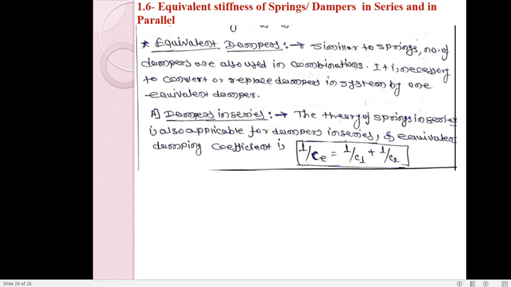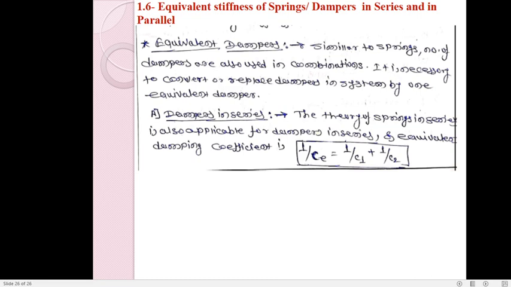My dear friends, we are not physically converting or changing a number of springs into one spring, but to represent them in a mathematical model we have to represent all the combinations by a single spring or single damper, which we call the equivalent spring or equivalent damper, and its stiffness or damping coefficient should be the representation of all the individual springs or dampers which we have used.